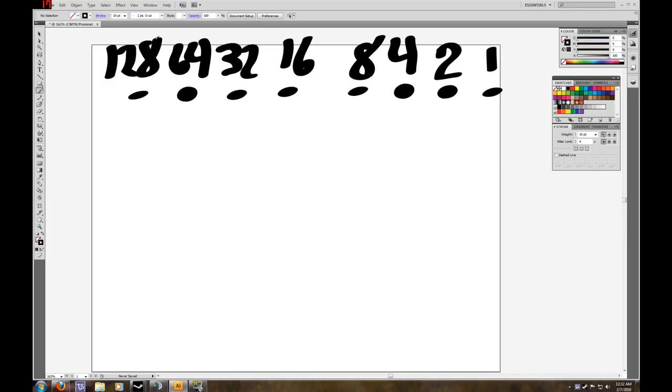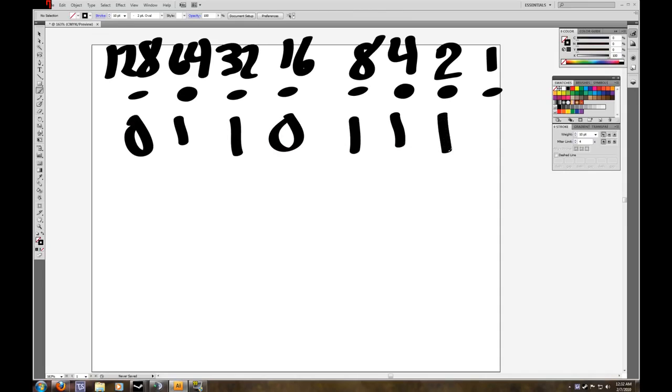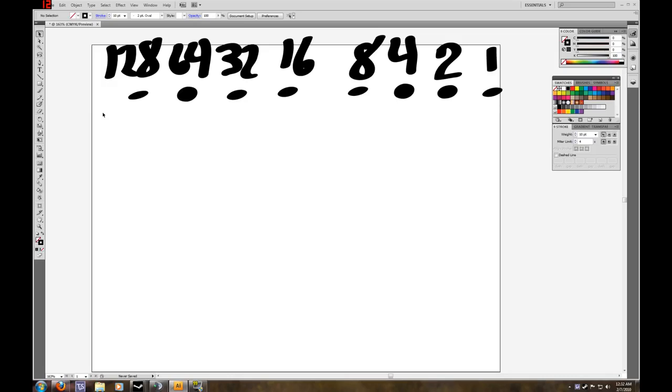So this is what binary is, and if we wanted to, just for example, 110, there we go, we got some binary. Now this is our value for each bit, so if we say the first 2 bits, we would add 128 plus 64. But for now, I'm just going to keep moving on.